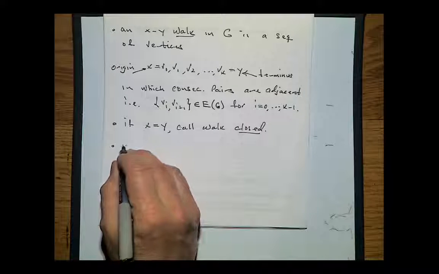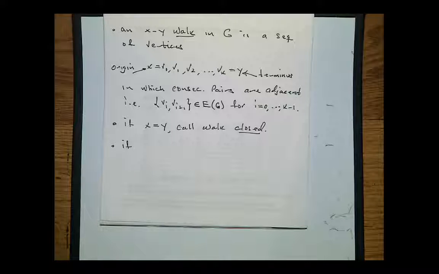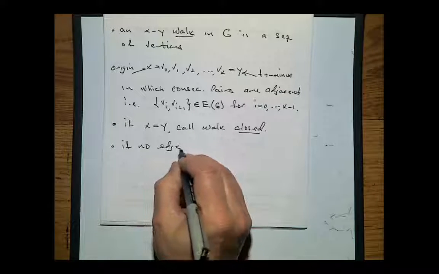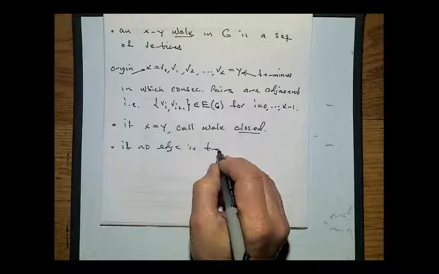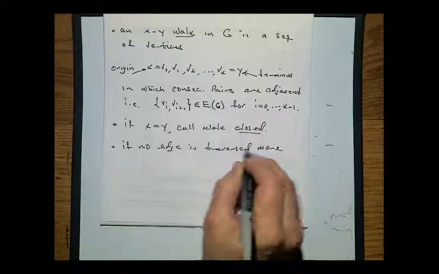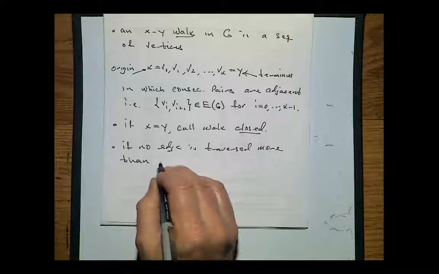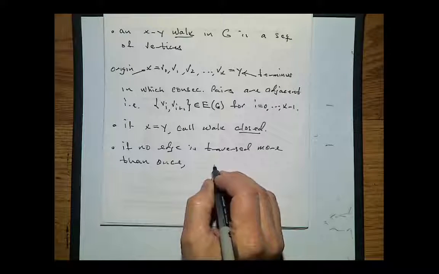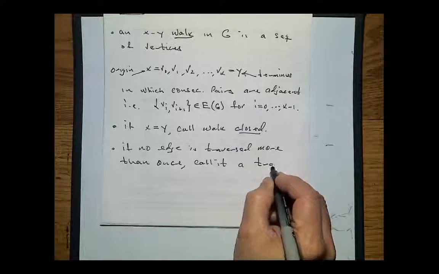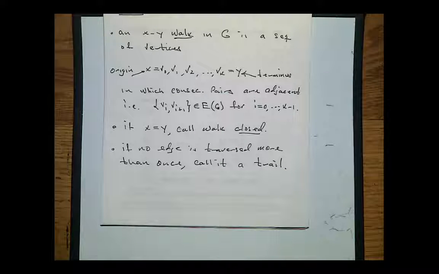Okay, if no edge is traversed more than once, we call it a trail. It is possible that a vertex is visited more than once without traversing an edge more than once.